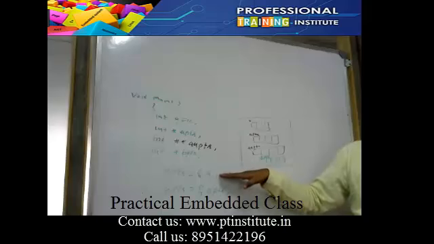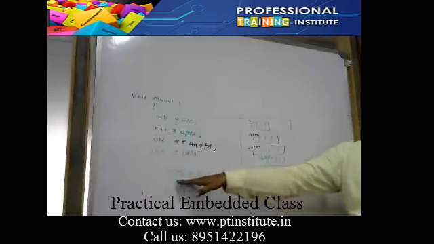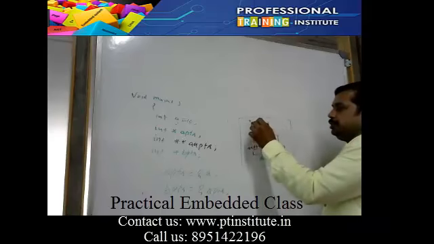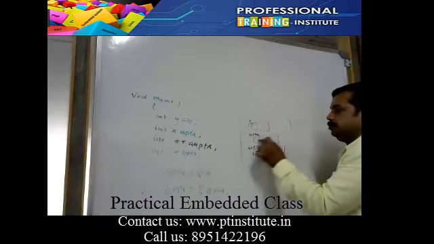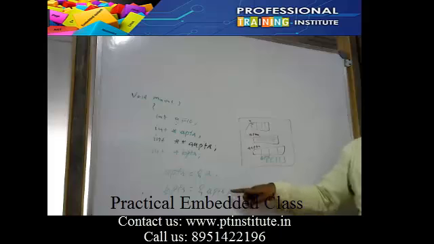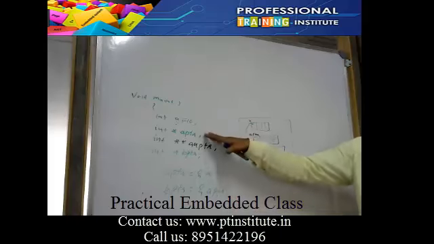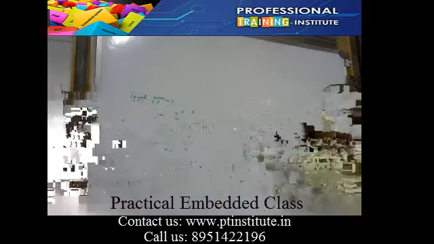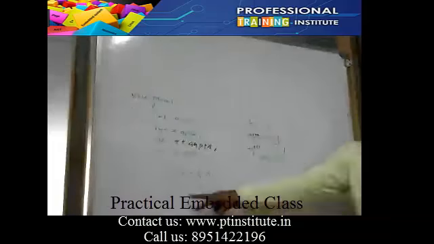Here what I did, I took the address of A and gave it to APTR. So what will happen? The address of this will come here. Any doubt in this? No. Something I did here: the address of APTR, this one, I gave to BPTR.